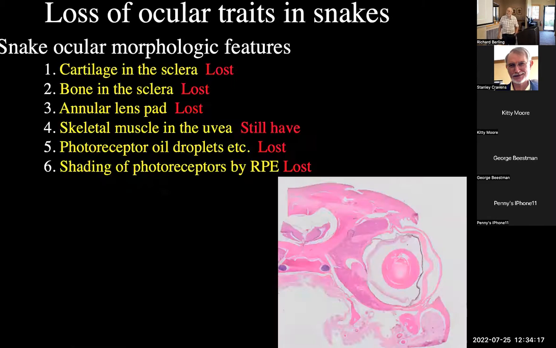And then next and last, these are some features that reptiles have that snakes have lost: cartilage in the sclera, bone in the sclera, annular lens pad. They still have skeletal muscle in their eye. Photoreceptor oil droplets are lost, and the shading of the photoreceptors is also lost. So probably an evolutionary story with regard to vision, very much like what has happened in the mammals.